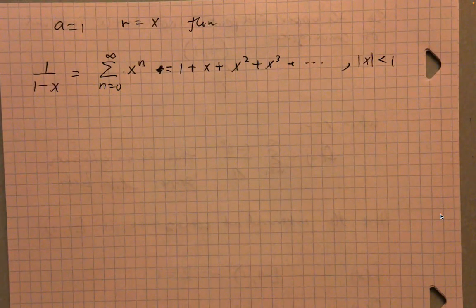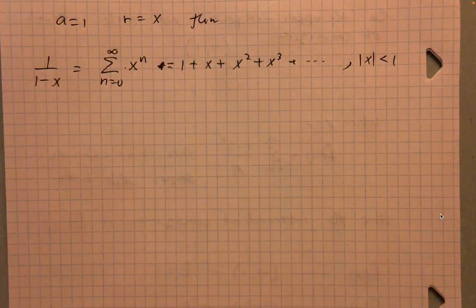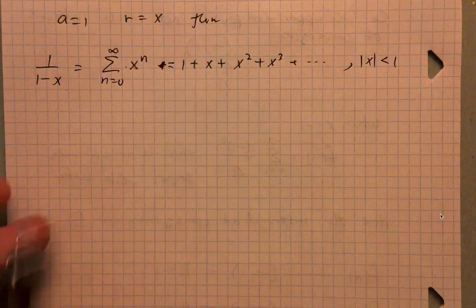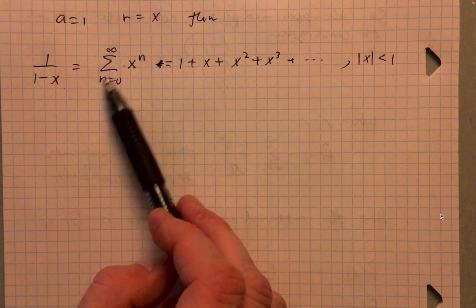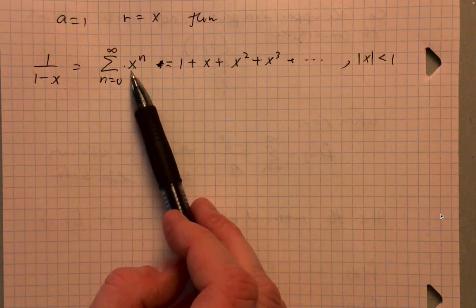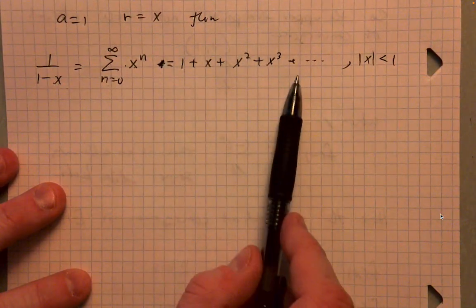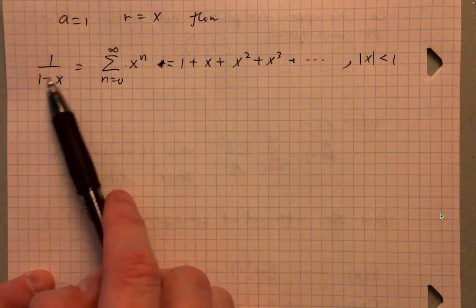It's important to note that this power series is only equal to this function on its interval of convergence. So if I were to plug in the number 5 for x, the power series is going to be an infinite number, clearly. But if I plug in the number 5 into the function, it is not going to be an infinite number.